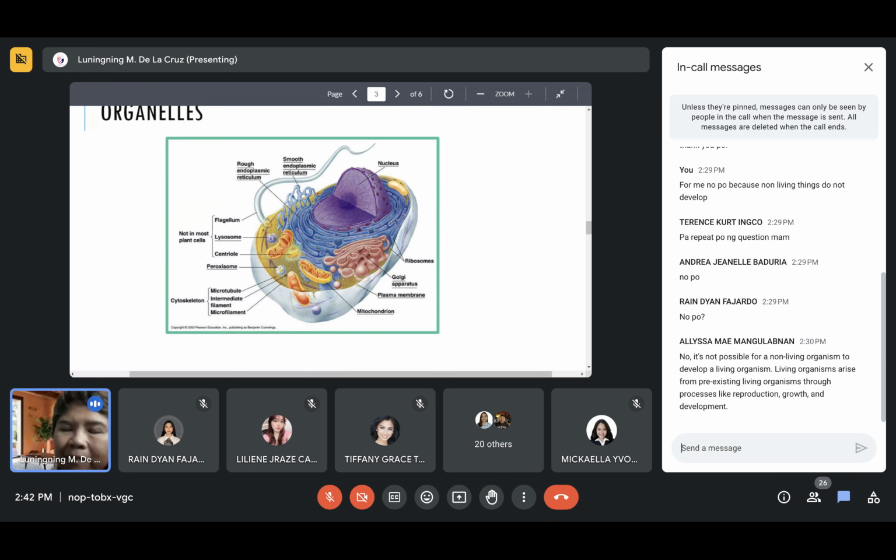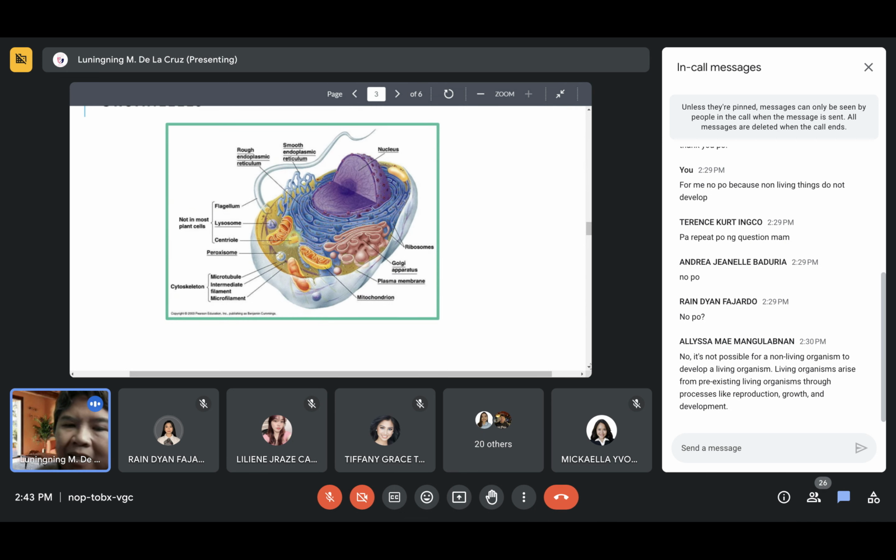As we mentioned a while ago, mitochondria is the powerhouse of the cell because cellular energy in the form of adenosine triphosphate is manufactured in our mitochondria. Then we have the plasma membrane and the Golgi apparatus. The Golgi apparatus is the packaging center of the cell.